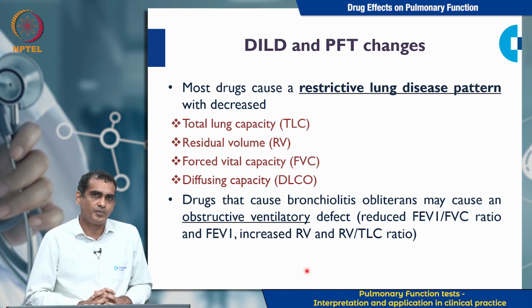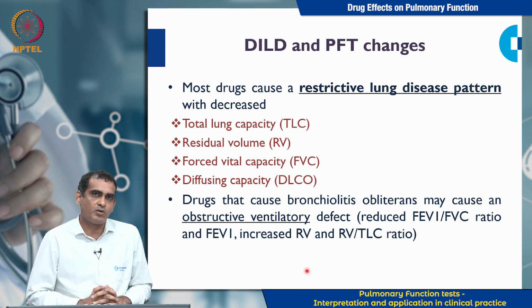Many times we get pulmonary fibrosis, interstitial lung disease, and we get a restrictive lung disease pattern in which we see reduction in total lung capacity, reduction in residual volume, forced vital capacity is compromised, and then diffusing capacity is also compromised. These are common changes that we encounter in those patients who are suffering with drug-induced ILD.